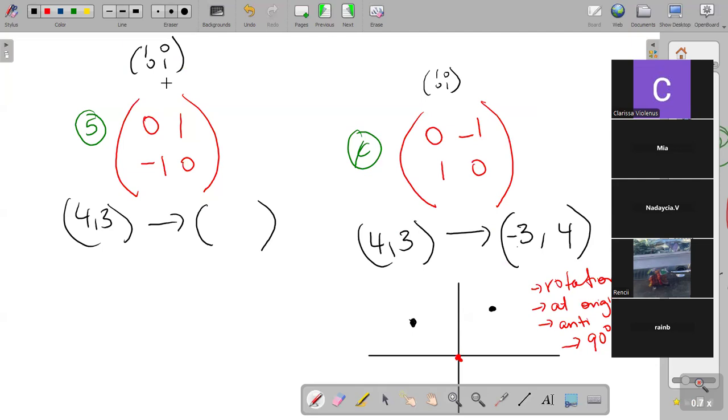So what should happen to the numbers? The first thing that's going to happen is that they're going to switch positions, because these switched from the original. So it's going to become 3, 4, but somebody is going to be negative now. Excellent. Who's going to be negative? The 4 is going to be negative because the y is negative in this case.